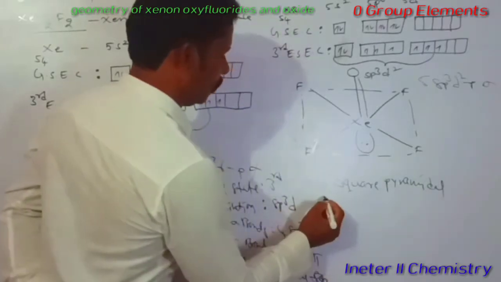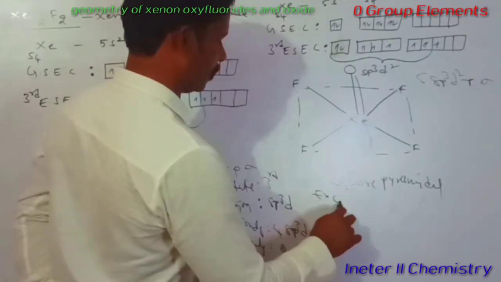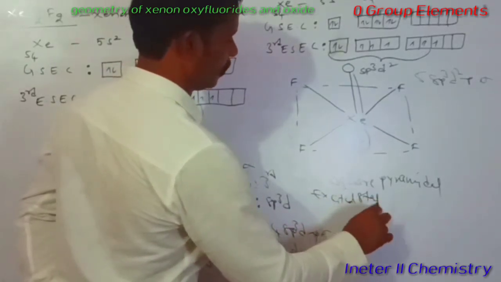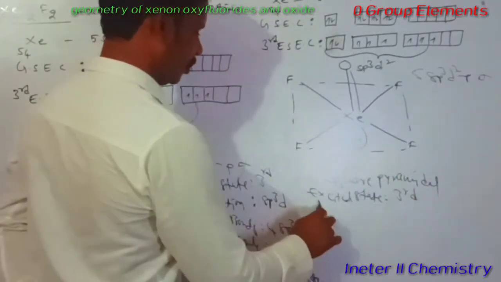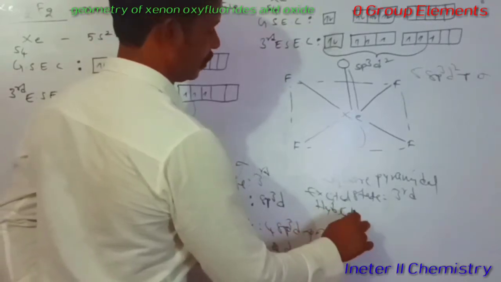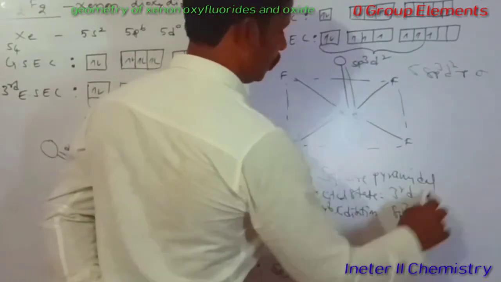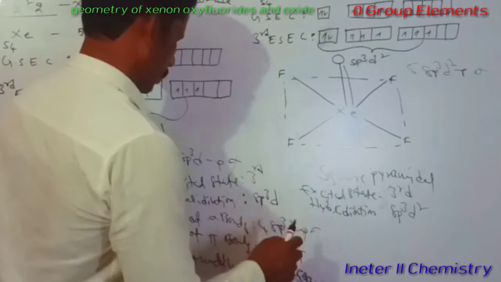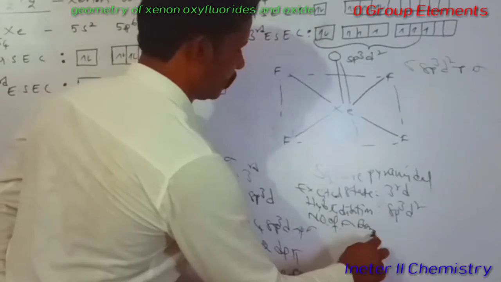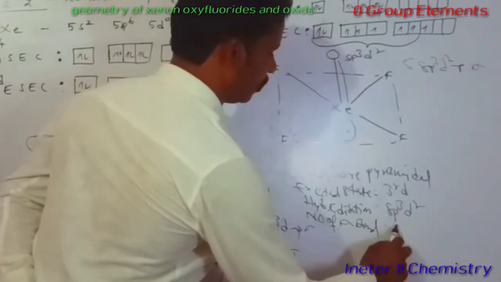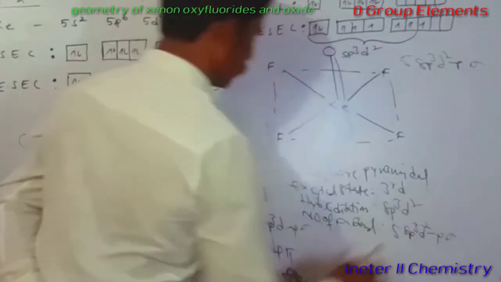Yes, here which excited state? The excited state is the same here also: third. Hybridization: sp3d2 hybridization. Number of sigma bonds: total how many sigma bonds here? 5 sp3d2-p sigma bonds.